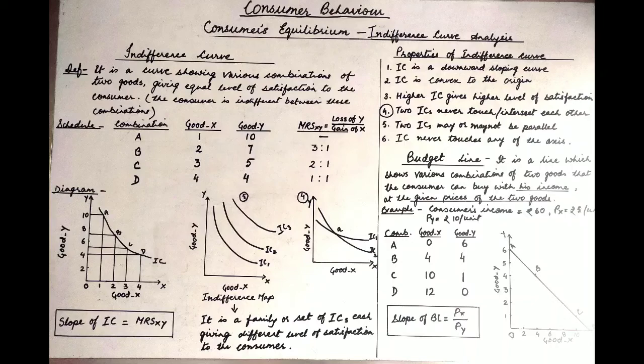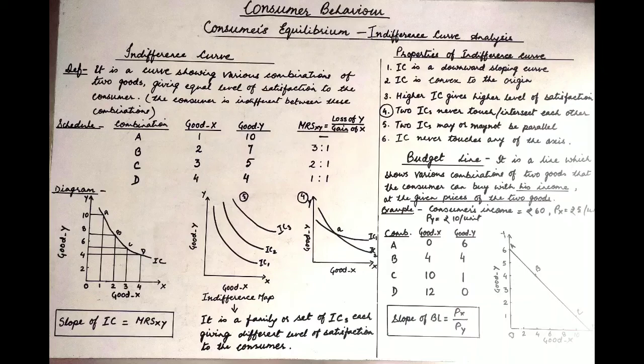Students, now one more important thing is that the consumer can not only buy the combination located on the budget line, but he can buy those combinations also which are inside the budget line.